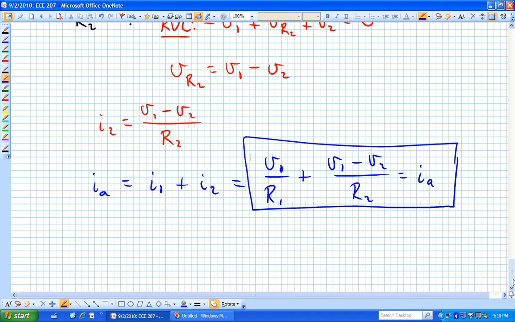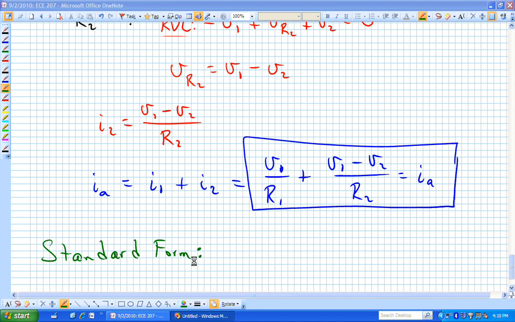If we wanted to write that in a standard form, I would say, okay, give me the coefficients that multiply V1. Put those in front of V1. All the coefficients that multiply V2, group those together. All the coefficients that multiply V sub 3, and then all of those equal the sources on the right.